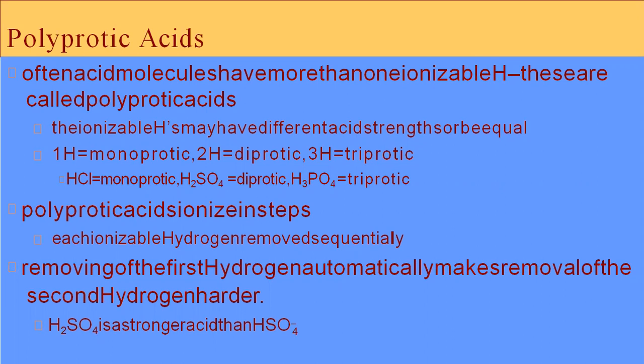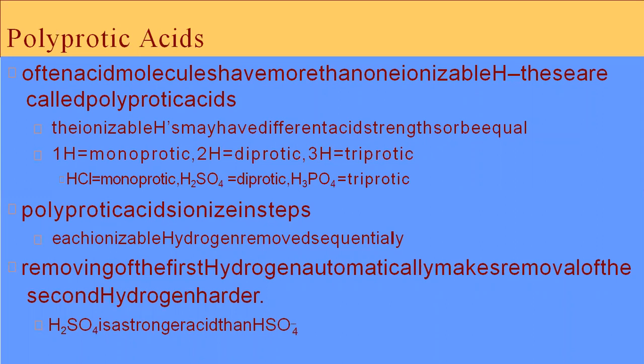When a polyprotonic acid ionizes in steps, what happened? Each ionizable hydrogen is removed, and this removal affects the removal of the second hydrogen.